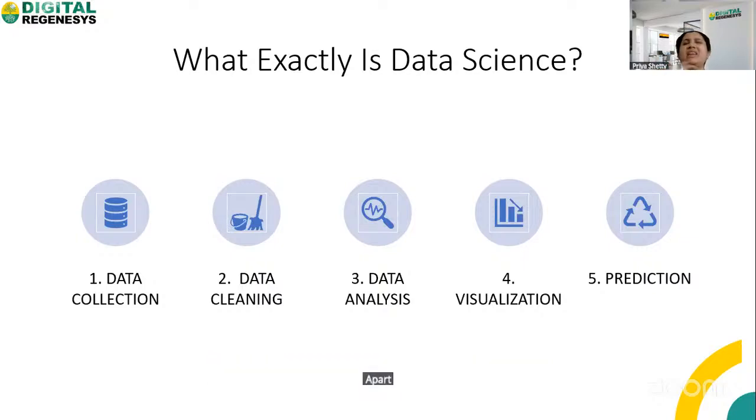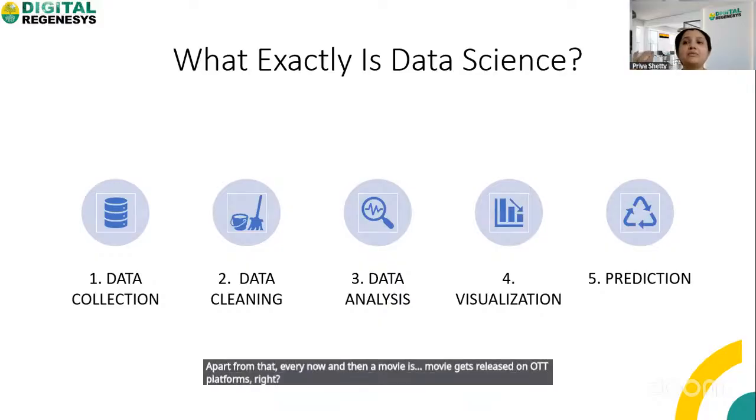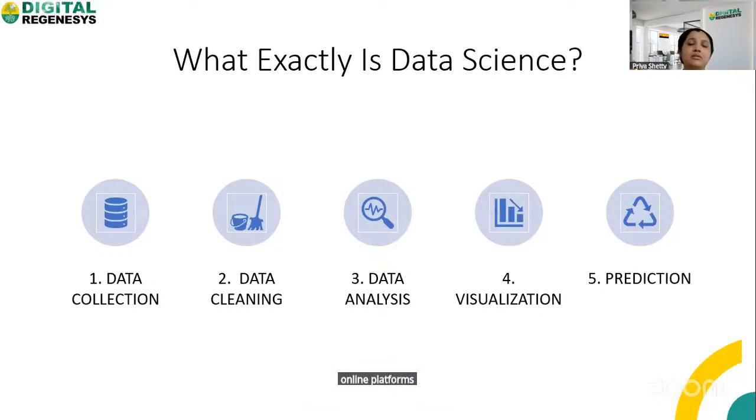Apart from that, every now and then a movie gets released on OTT platforms, online platforms, or a series gets released. Even that is data. On YouTube, you can imagine how much data is uploaded every now and then.